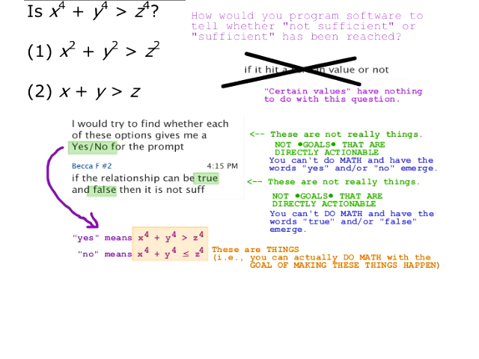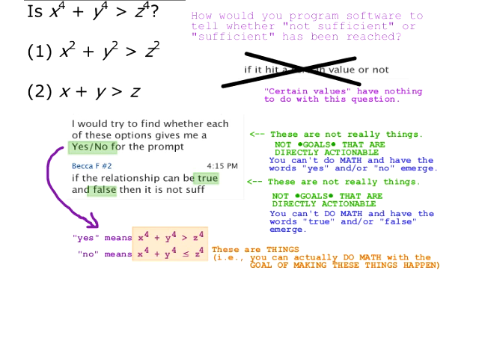If you programmed a computer to do this, you could actually tell the computer, hey, if this stuff is greater than this stuff for at least one case, and it is less than or equal to for at least one case, then that's not sufficient. And if both of these are not reached, then that's sufficient. So this is the point.